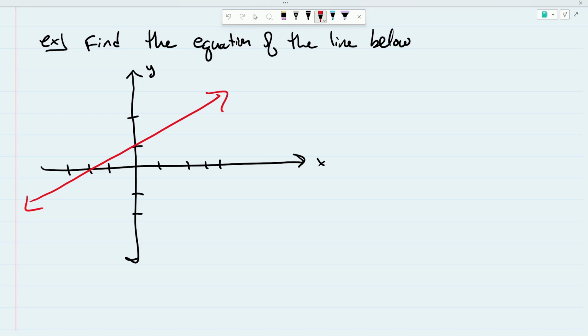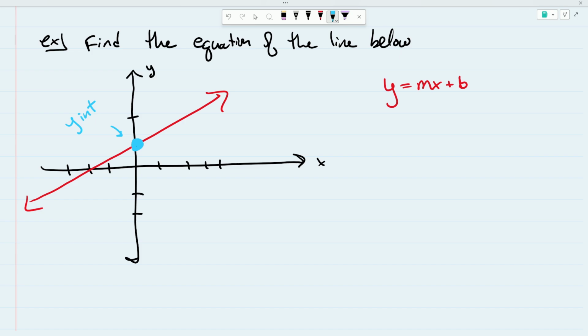Now remember, slope-intercept form. y equals mx plus b. The easiest point that I can find on this line so far is right here. I'm going to call this our y-intercept because that is where the line crosses the y-axis.